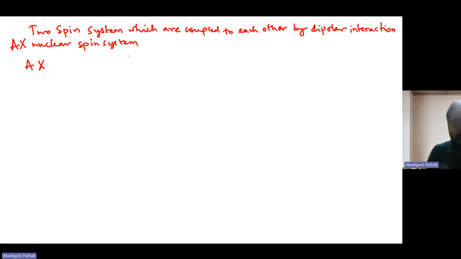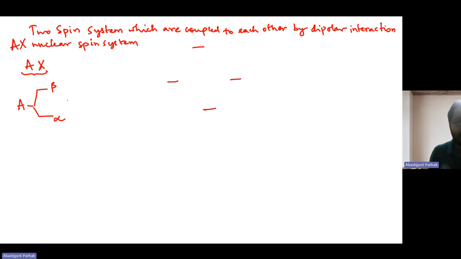So in this case, what will be the energy level diagram of this two nuclei interacting system? We are already familiar with this energy level diagram. Any nucleus, the spins of the nucleus, when subjected to an external magnetic field, can exist in either of the two states. That is either the lower energy spin state or the higher energy spin state.